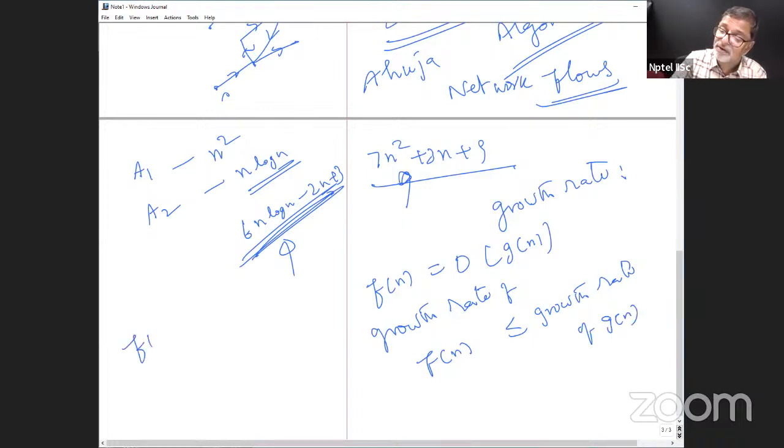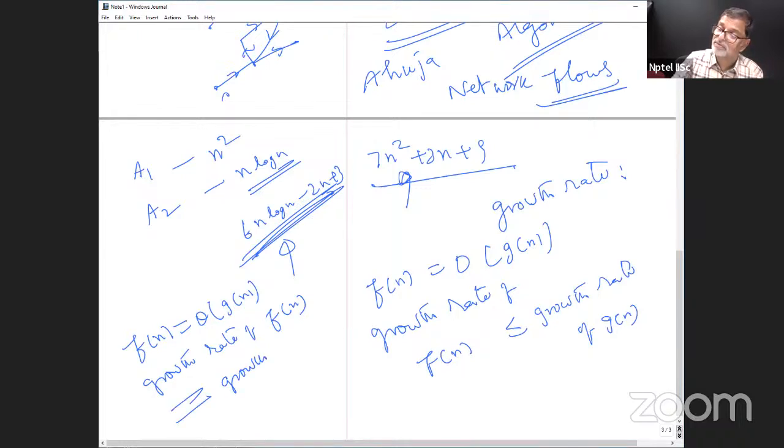If f of n equals theta g of n, then the growth rate of f of n is equal to the growth rate of g of n. They have the same growth rate. They grow at the same pace.